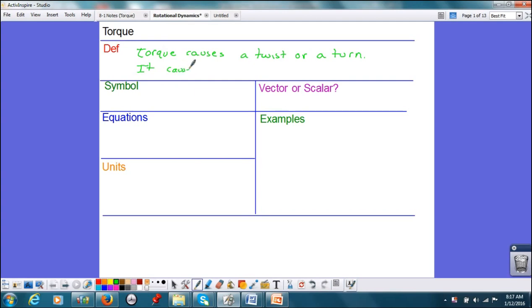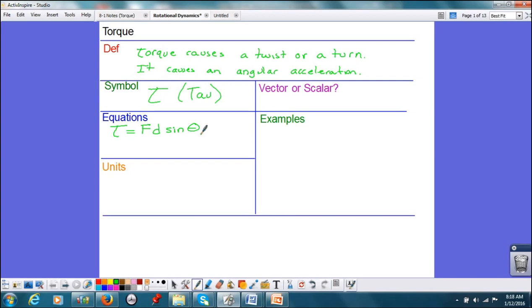It causes an angular acceleration. All right, we've talked about the symbol before. It's the Greek letter tau. And we have an equation, okay? We said that torque is equal to the force times the distance times the sine of theta.